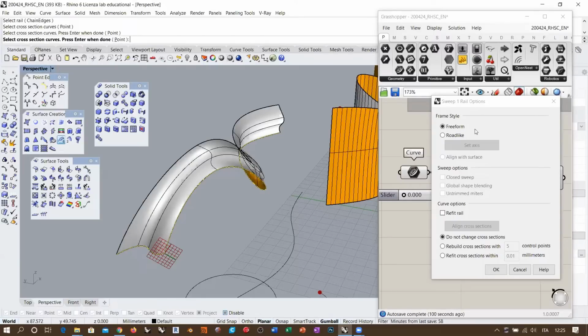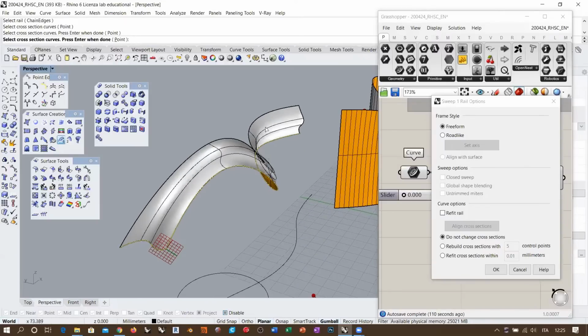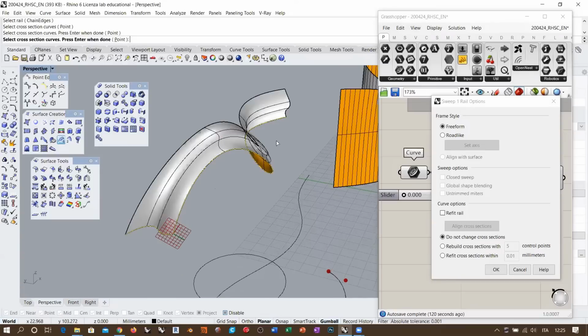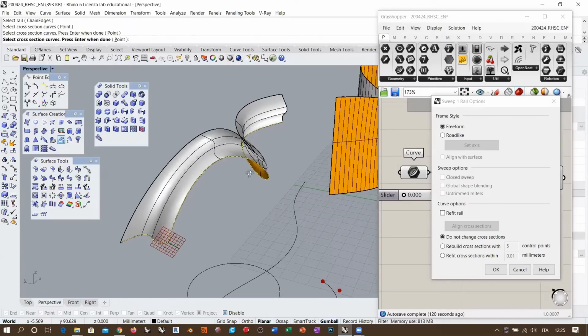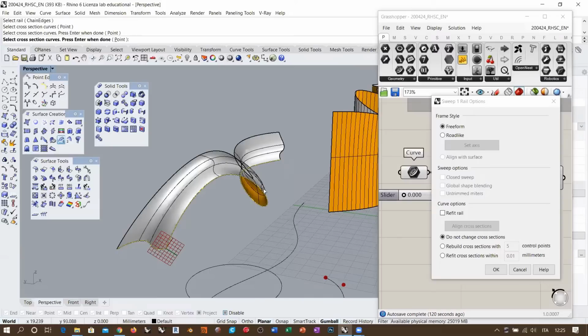So freeform style, sorry, is something that is very difficult to control in organic situation or freeform situation. That's why I normally try to avoid this kind of constructions here, because they are geometrically basically uncontrollable.